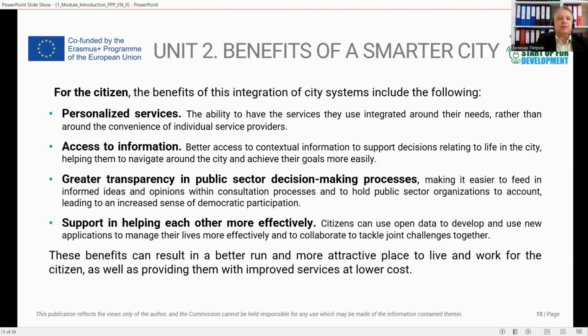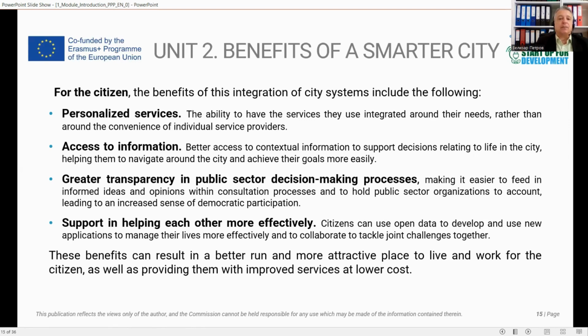Greater transparency in public sector decision-making processes, making it easier to form informed ideas and opinions within consultation processes and to hold public sector organizations to account, leading to an increased sense of democratic participation.